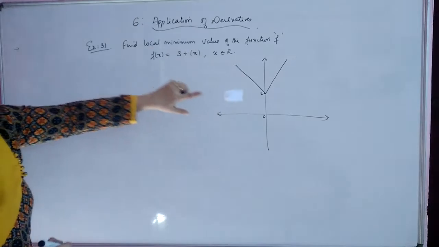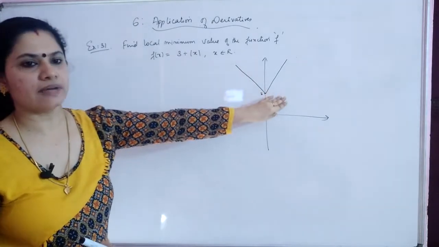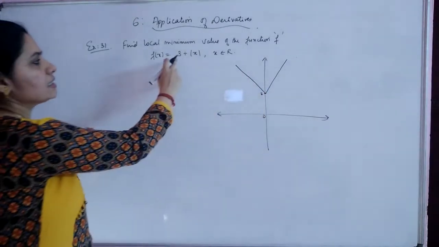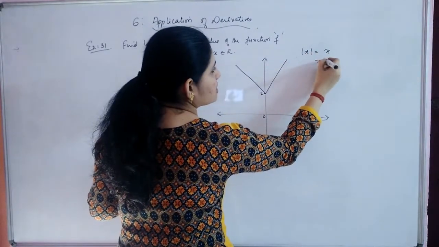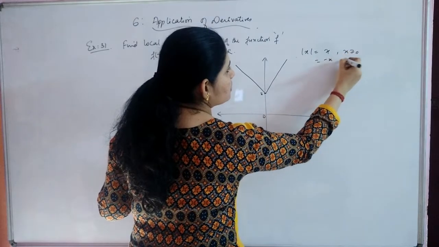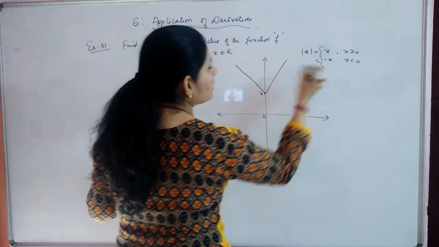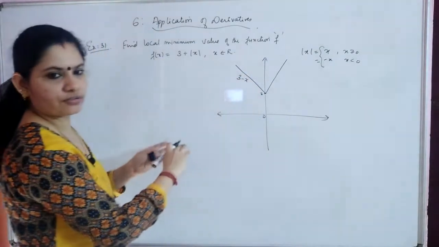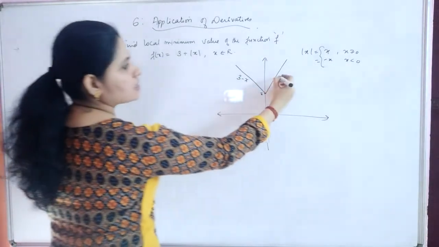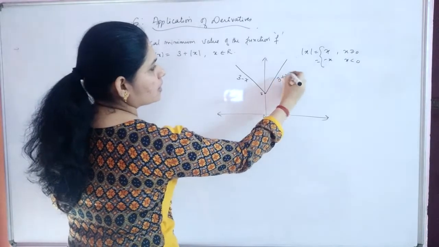Now we know that here and here the values of the function are different. That is, mod x is x and minus x, when x is greater than or equal to 0 and x is less than 0 respectively. So accordingly, you will have the function to be 3 minus x to the left of this point, and to the right it will be 3 plus x.